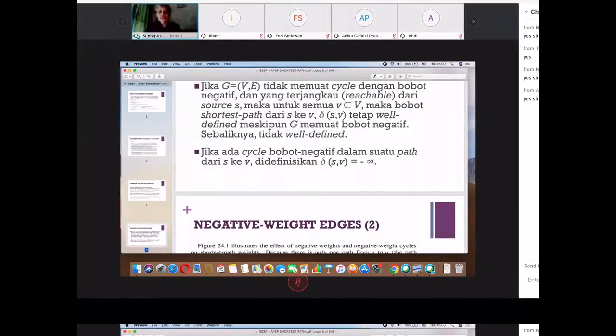Right? Negative infinity, when there is a cycle with negative weight reachable from S.